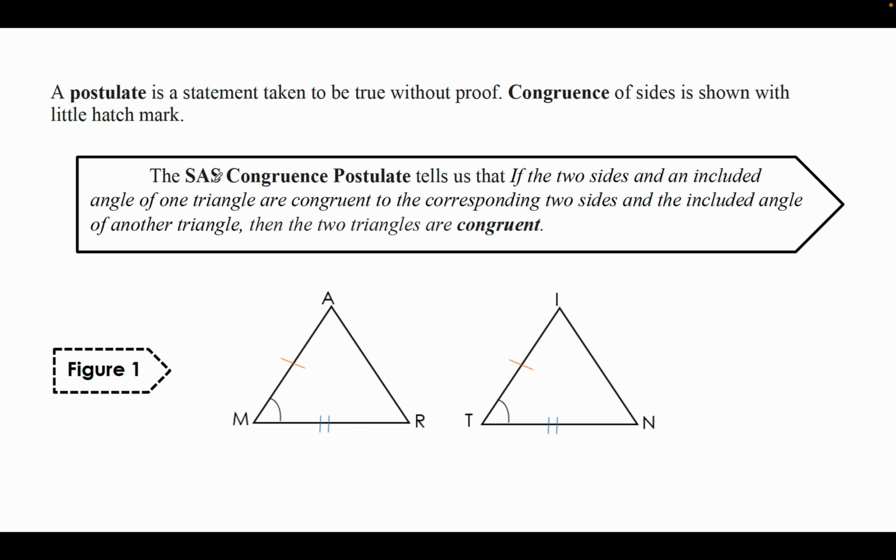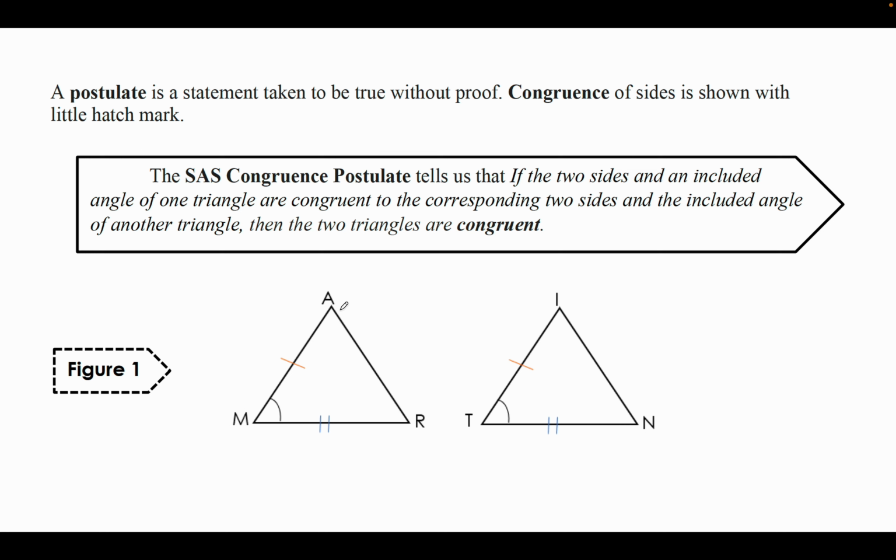So, the SAS congruence postulate tells us that if two sides and the included angle of one triangle are congruent to the corresponding two sides and the included angle of another triangle, then the two triangles are congruent. Well, anyway, you will have a better understanding if we look at figure 1.